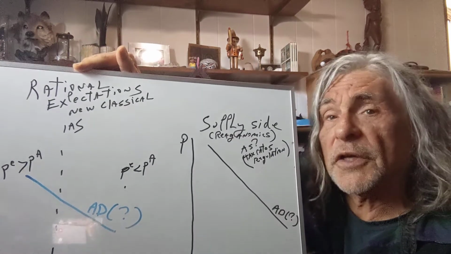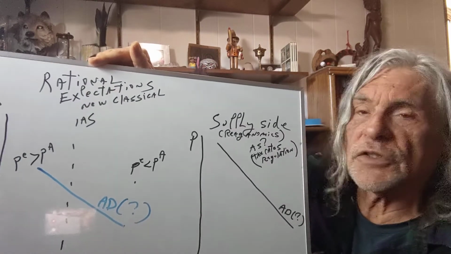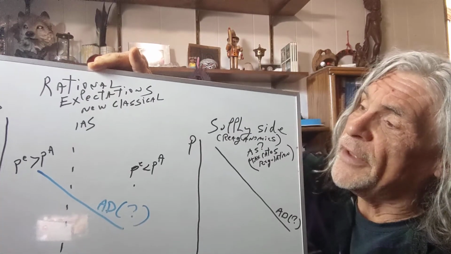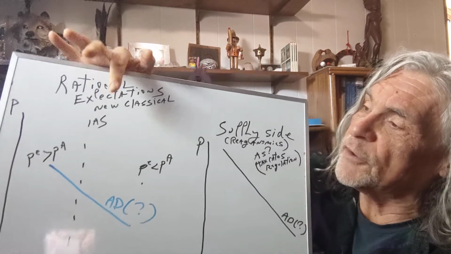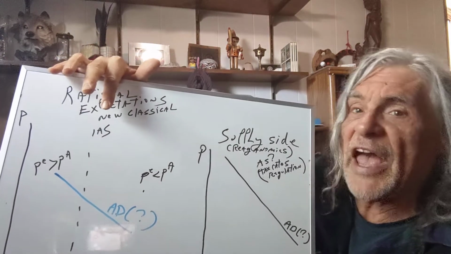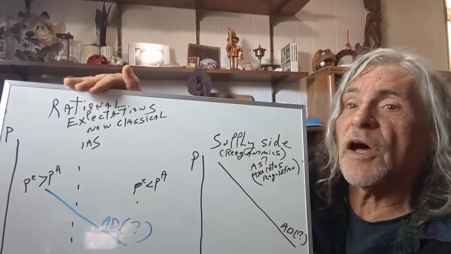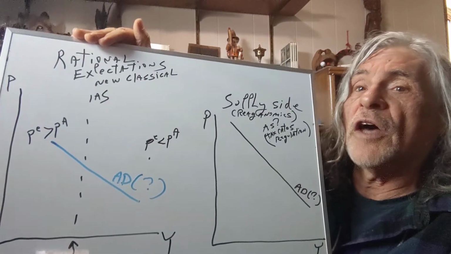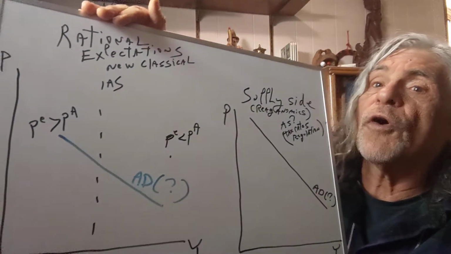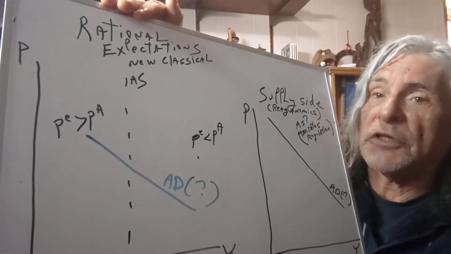They form expectations about the real wage. On average, their expectations are correct. And so on average, the aggregate supply curve is vertical. So that dashed line represents where the aggregate supply curve is on average for the rational expectations economist.